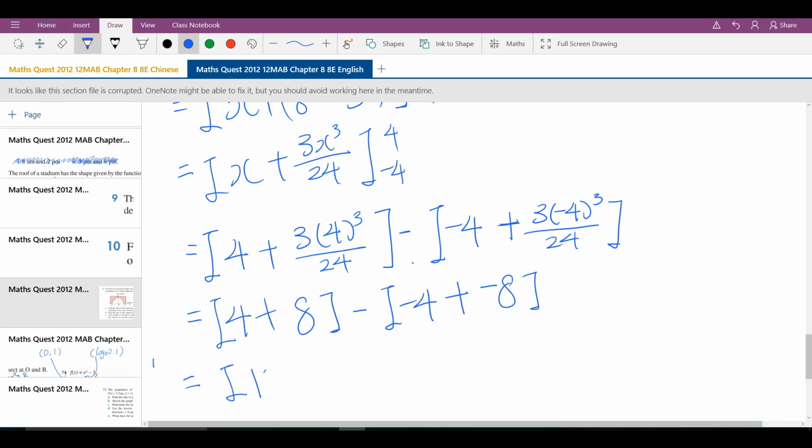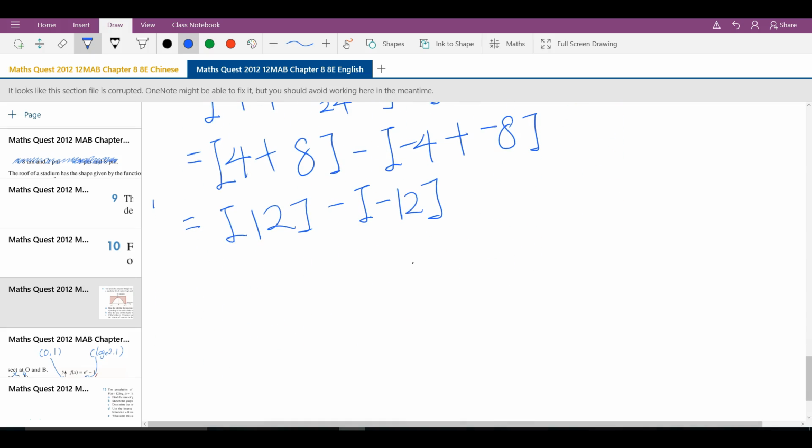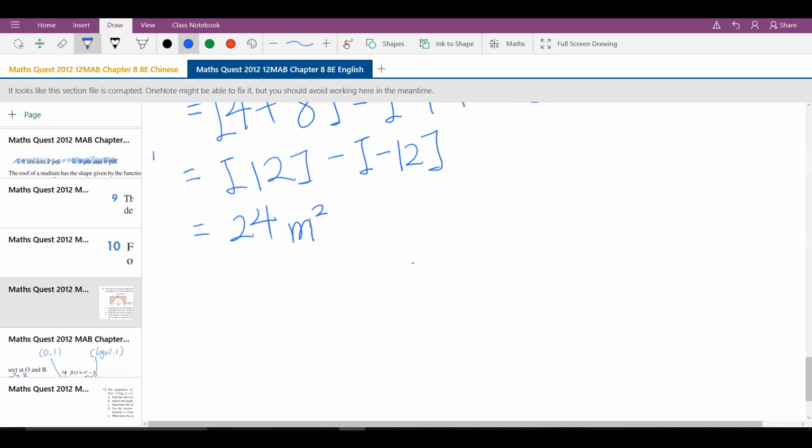So this is 12, equal to, now -4 plus -8 is the same as -4 minus 8, which gives you -12, right? And 12 minus -12 is 12 plus 12, which is 24 meter square. Remember, we're finding the areas, right? Meter square. All right. So therefore, the total area.